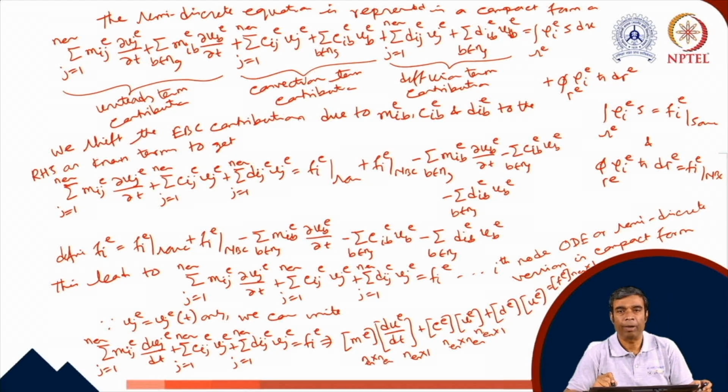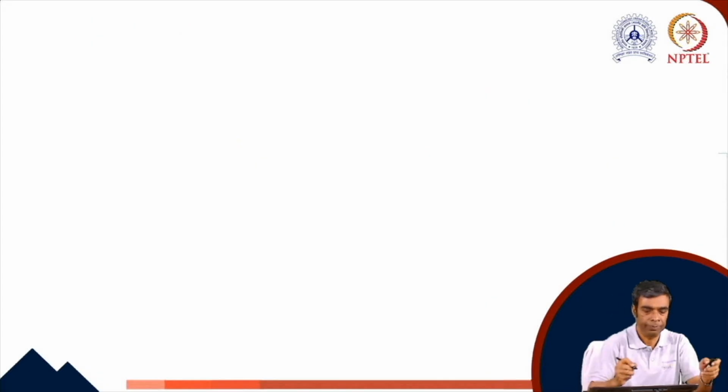After performing assembly and implementing the boundary conditions, we can write the final assembled matrix equation system in the semi-discrete form.